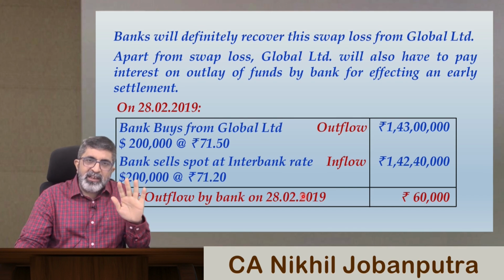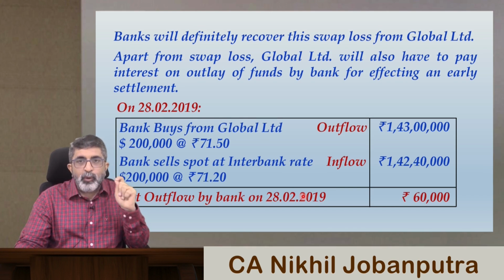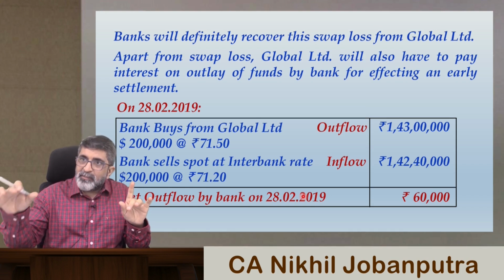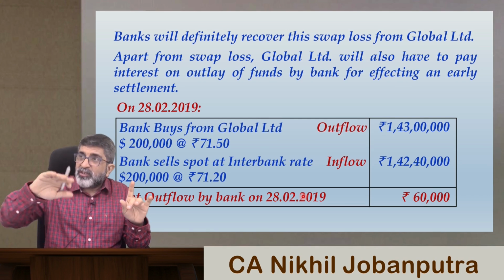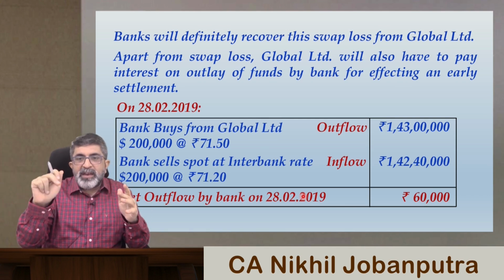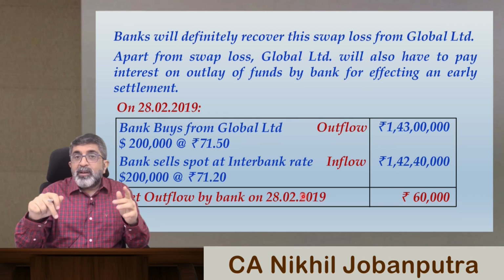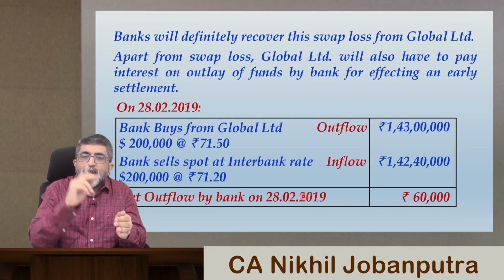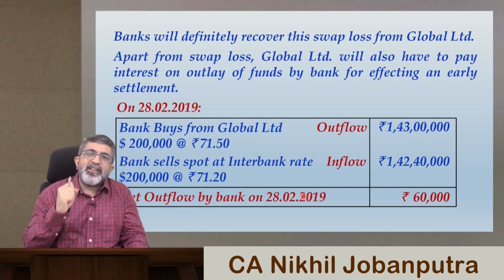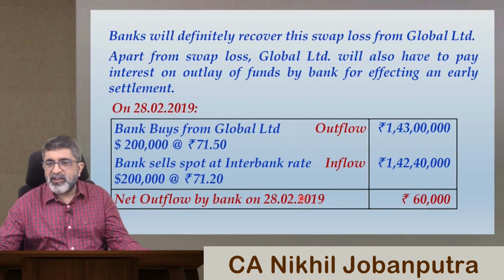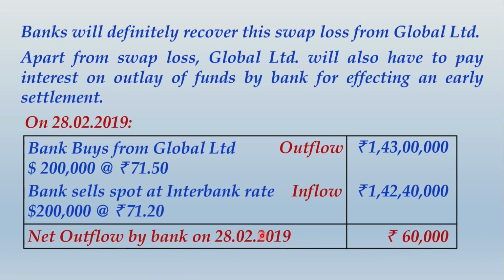Understand one thing clearly, this 60,000 is something the bank has to bear, because against that it has made a big amount of gain. The bank has to bear that 60,000, but because the bank had to have this outlay of funds a month prior, on this amount the bank will recover interest from Global Limited. So before I take you any further in the explanation, quickly take note of this calculation as well.